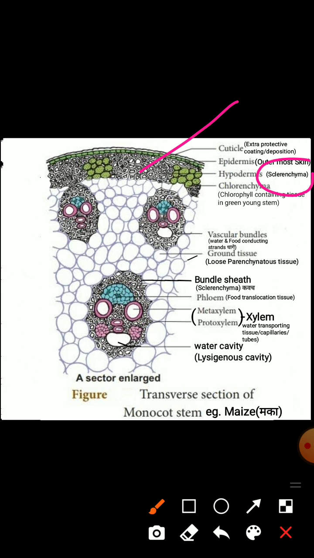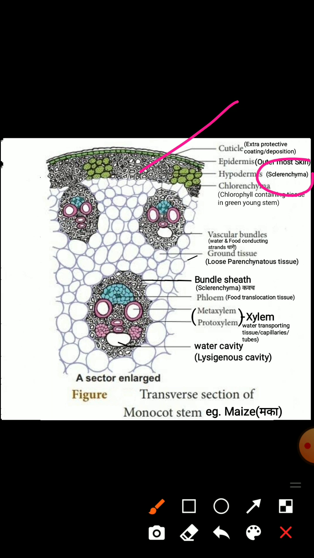Now this hypodermal sclerenchyma is a mechanical tissue, very strong and rigid, giving mechanical strength to the stem. Whatever height the monocot stem can achieve, this height should be sustained. For example, bamboo grows about 100, 80, 50 feet in height. Sugarcane grows about 15, 20, 22 feet.